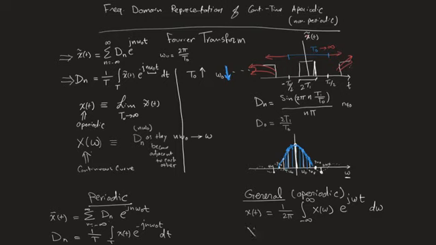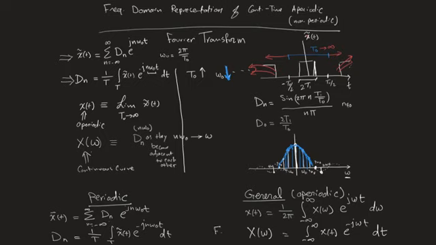Now x of omega, the frequency domain representation, is equal to the integration from minus infinity to infinity, rather than over one period, because the period goes to infinity. Inside is again my time domain signal x of t, multiplied by e to the minus j omega t, where n omega naught becomes omega, dt. And this one is called the Fourier transform.